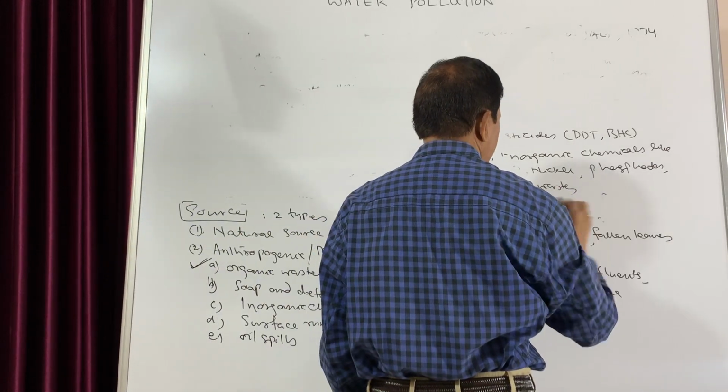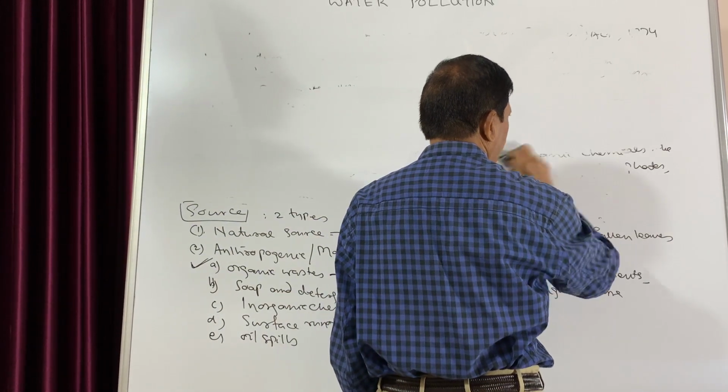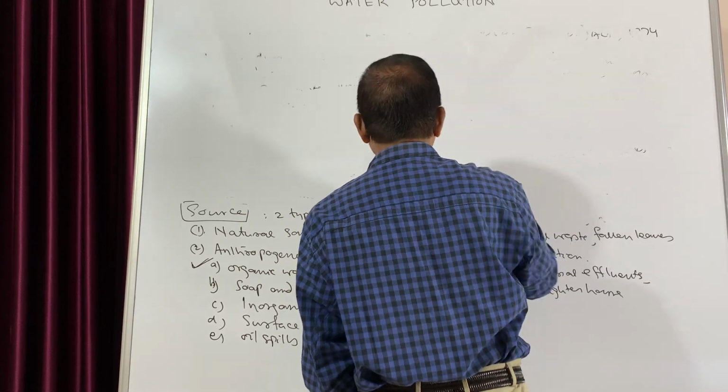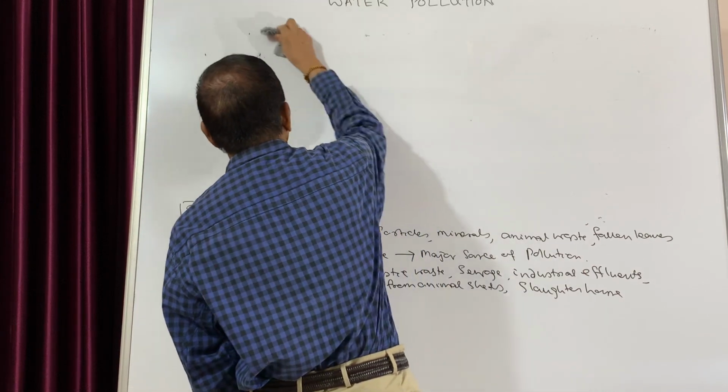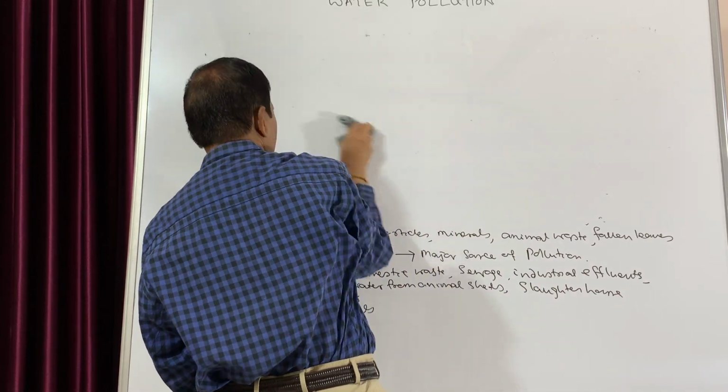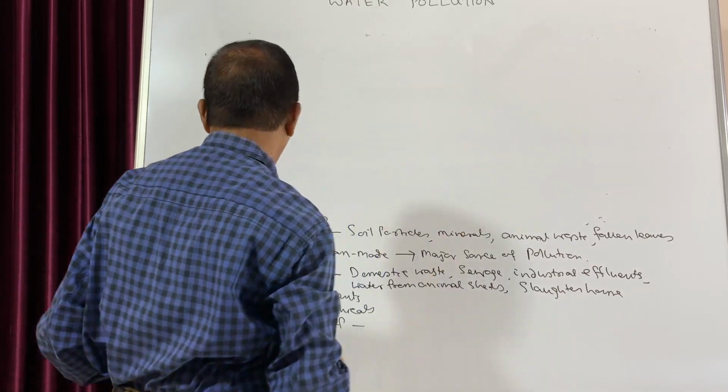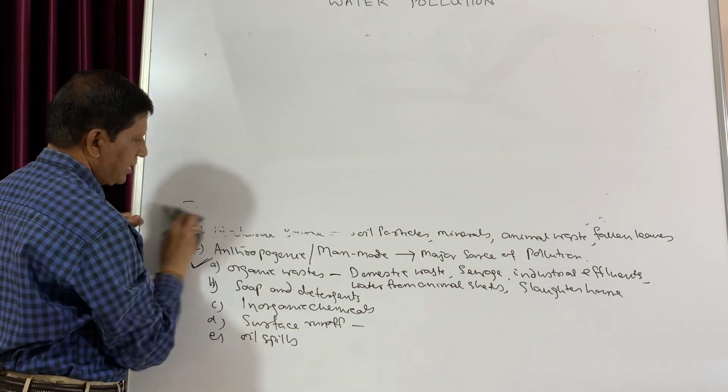So organic wastes, which mostly come from domestic sewage: what different substances they contain, and how they biodegrade. All these things we will discuss here.